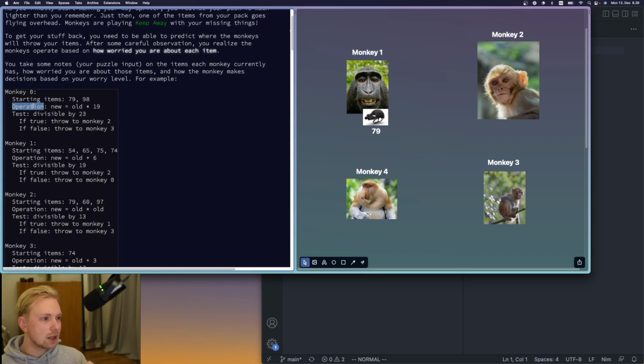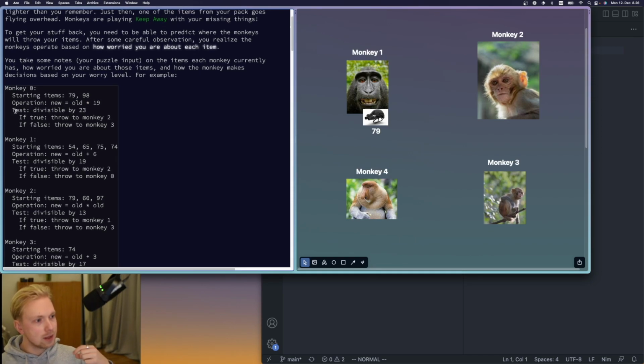And then each monkey has this operation where they take the starting worry level of the item and they do some operation on it. For example, all times 19. Then they have a test whether this number is divisible by 23, so that is 79 times 19, is that divisible by 23?